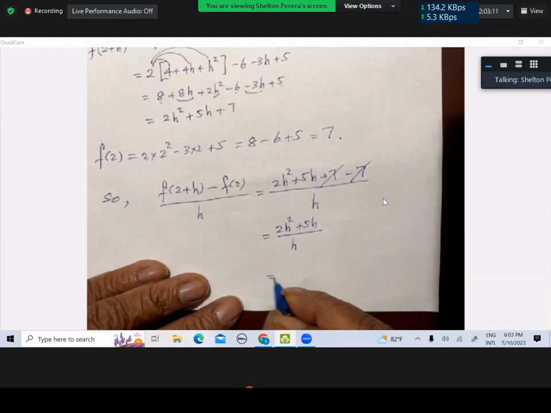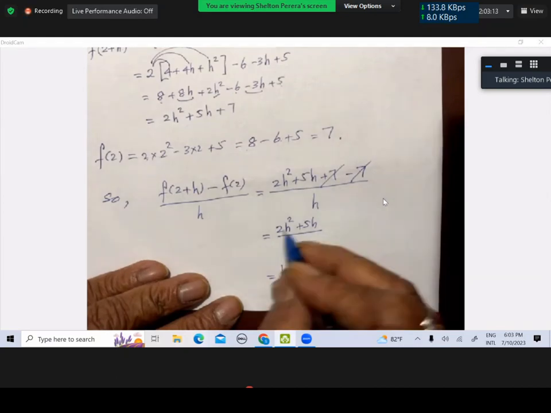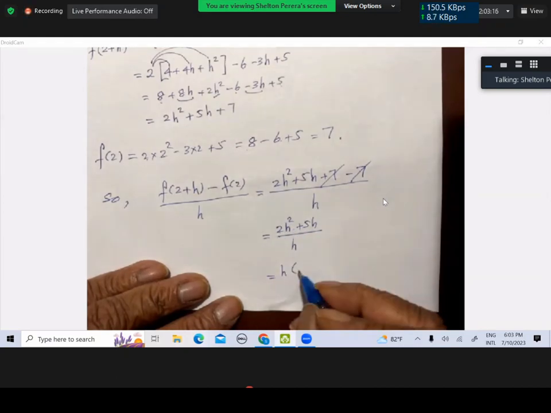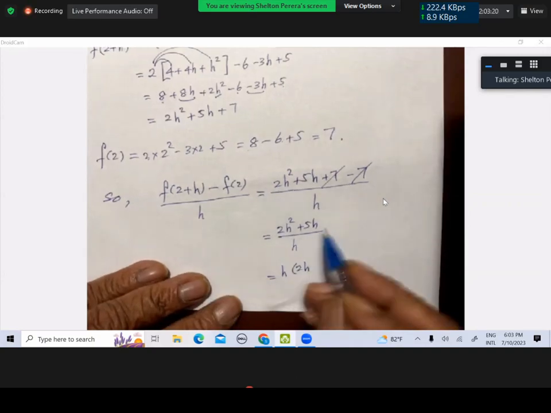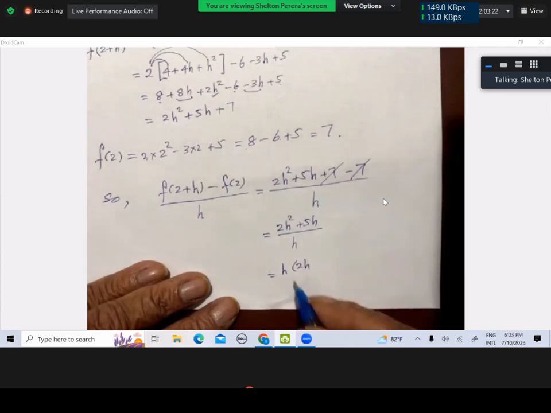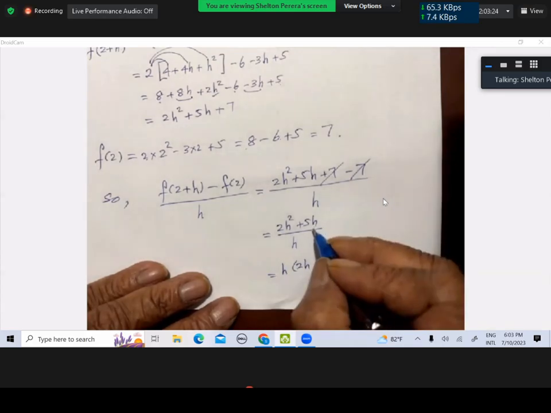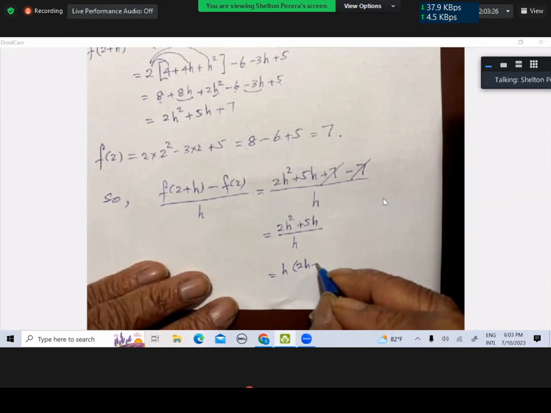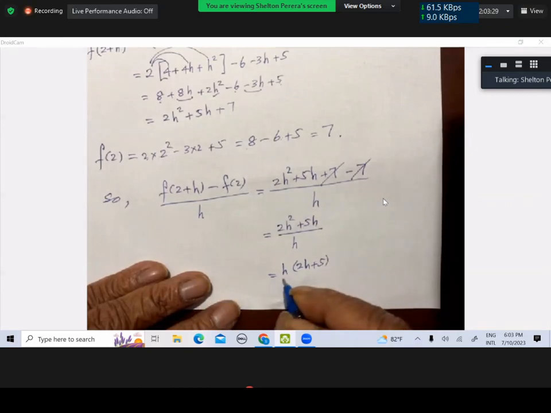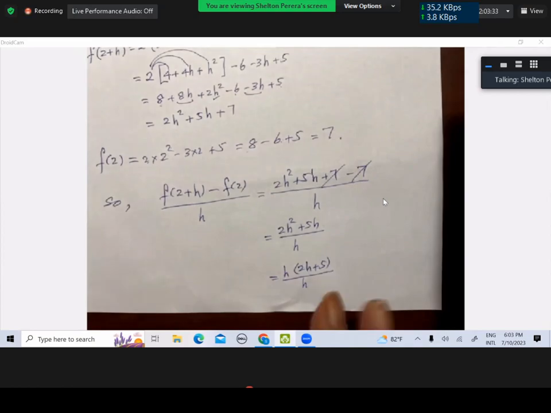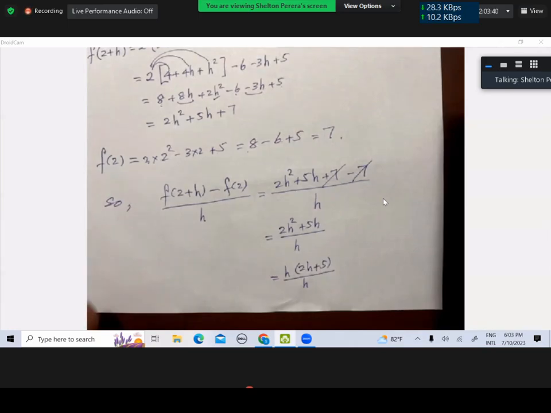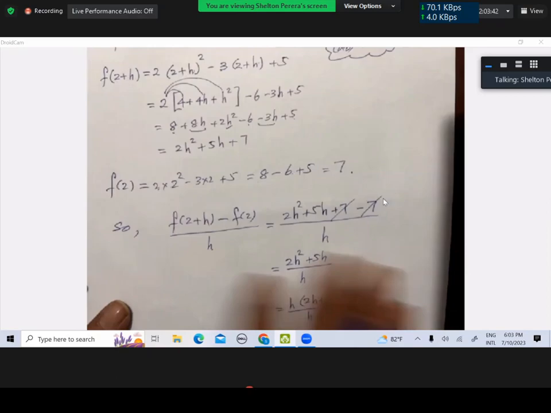h is common to both terms. 2h squared, so 2h. If you don't know, multiply out and check. That's all. 5h, you are taking h out, plus 5, over h. Okay, these are no big things, very elementary, eighth grade mathematics, the simplifications.